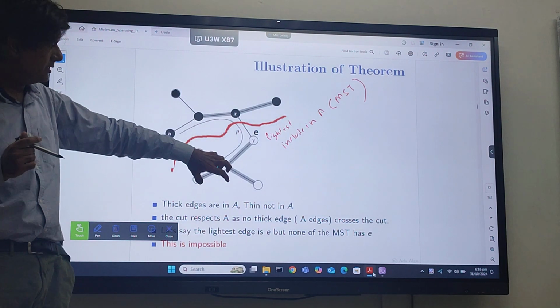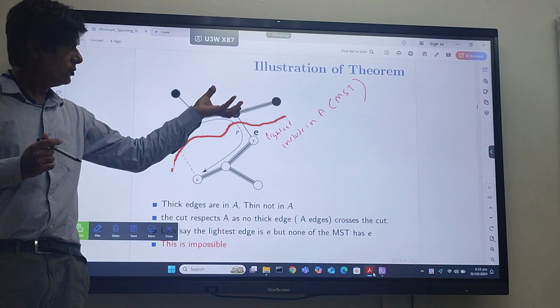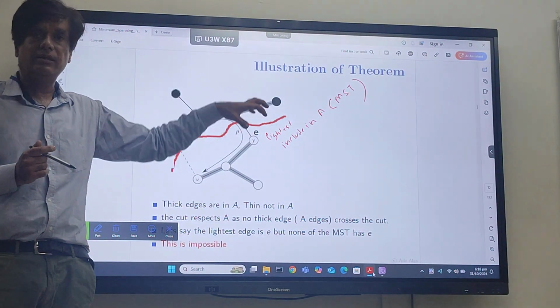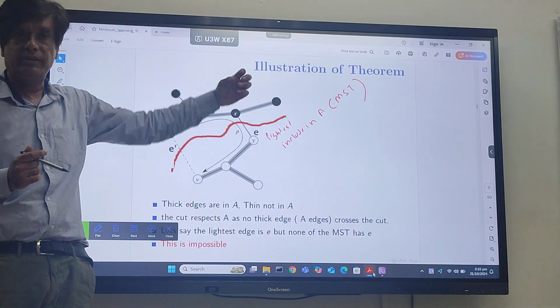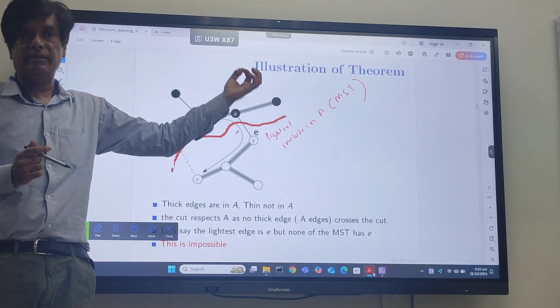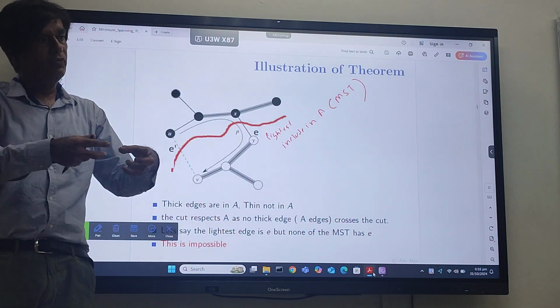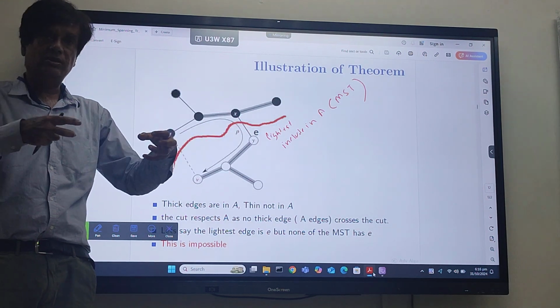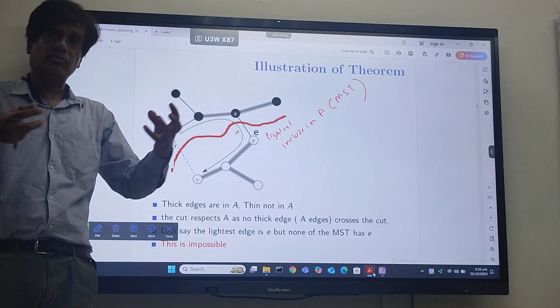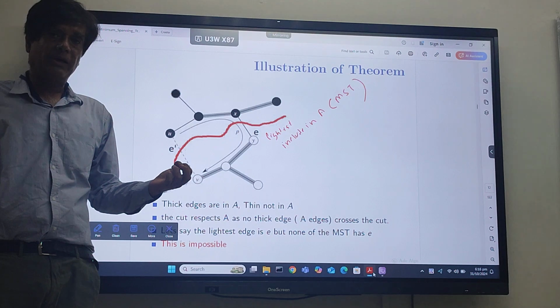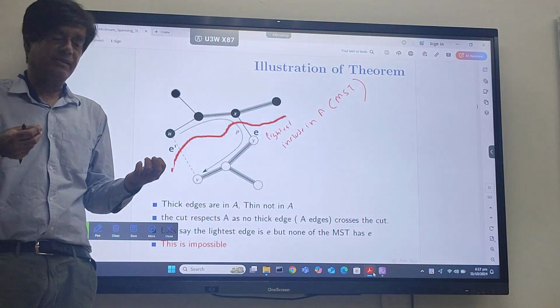Okay? So the logic behind this is that these are two parts. A part of the tree is over here, a part of the tree is over here. They need to be connected somewhere. These two parts have to be connected by one edge and just one edge only. The edge that will connect these two different parts will be the one that is lightest.